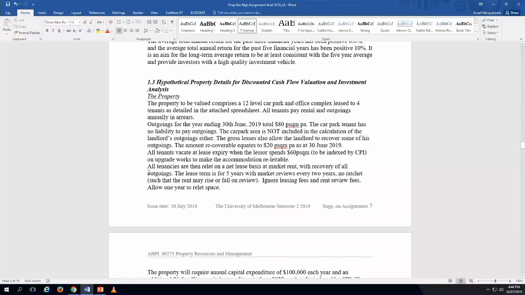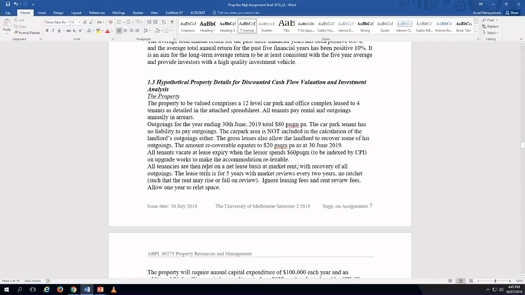All tenancies are then relet on the net lease basis at market rent. So then they will change the lease structure. At the moment it is gross. Semi-gross, I would say. And then it will be net lease.